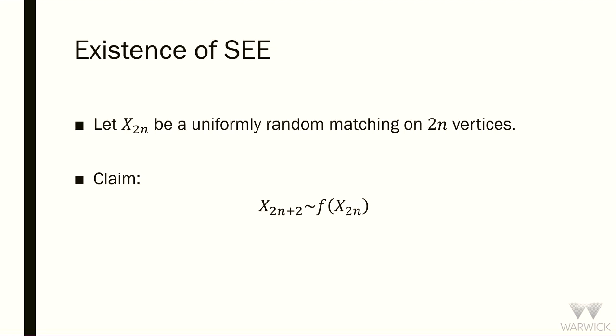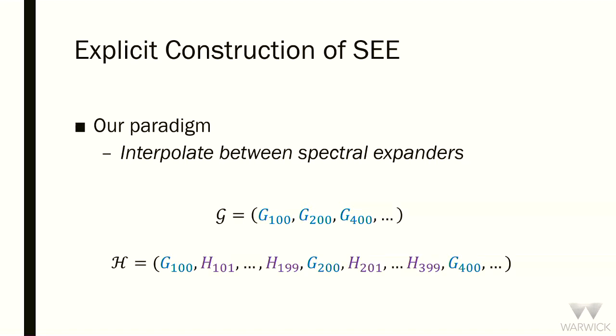So we can start with a random graph and then apply this process on each one of the matchings separately, and obtain a larger graph which is uniformly distributed, and then the union bound just finishes the work. So that's about the existence proof. And now let's talk about the explicit construction.